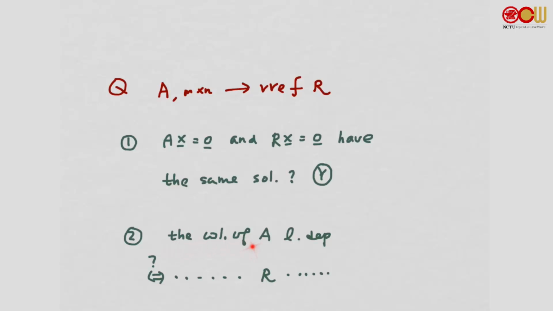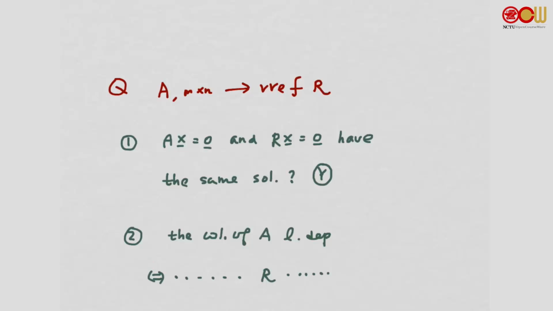Are the columns of A linearly dependent if and only if the columns of R are linearly dependent? Pause and think about this. Are the linear dependence of the columns of A and the linear dependence of the columns of R the same thing? One if and only if the other is true. That is indeed true, isn't it?